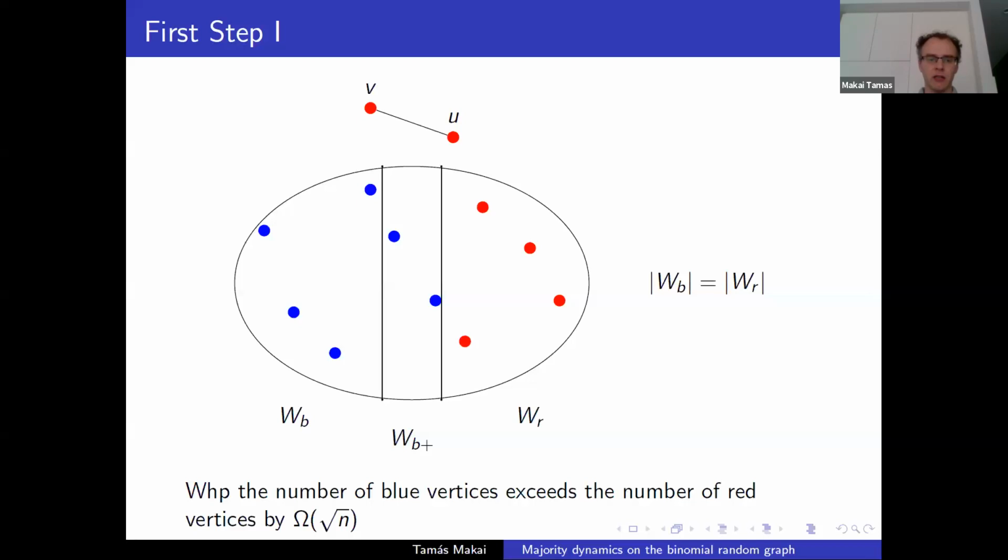We want a set of blue vertices which contains exactly as many vertices as the set of red vertices does, and whatever is left should be in WB+. Because the number of blue vertices in the graph exceeds the number of red vertices by order √n, we know that WB+ has size roughly √n.